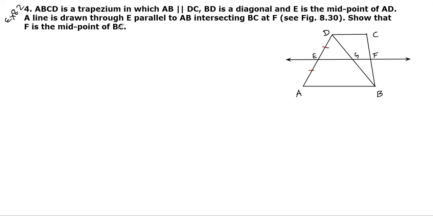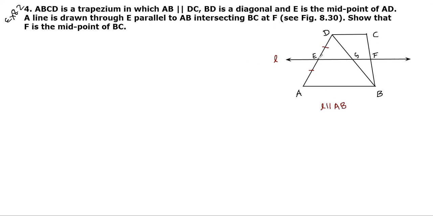A line is drawn through E parallel to AB. This line L is parallel to AB, intersecting BC at F. Show that F is the midpoint of BC.